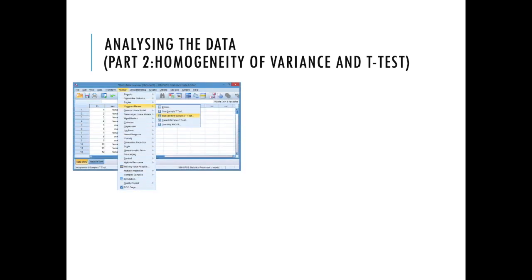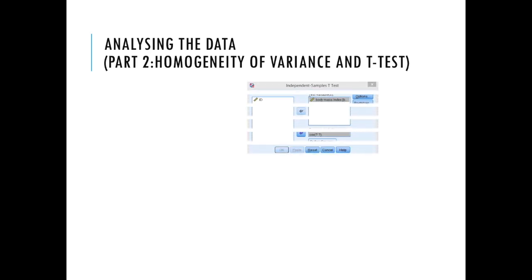Okay, now we're going to test the homogeneity of variance and do the t-test. In order to do the t-test, go to Analyze, click Compare Means, and click Independent-Samples T Test. Here, bring the body mass index into the Test Variable list and gender into the Grouping Variable.